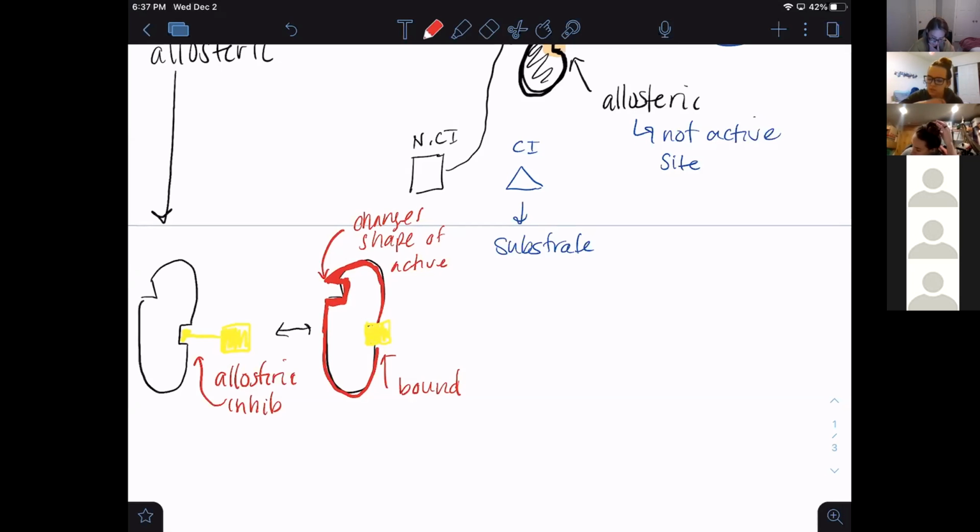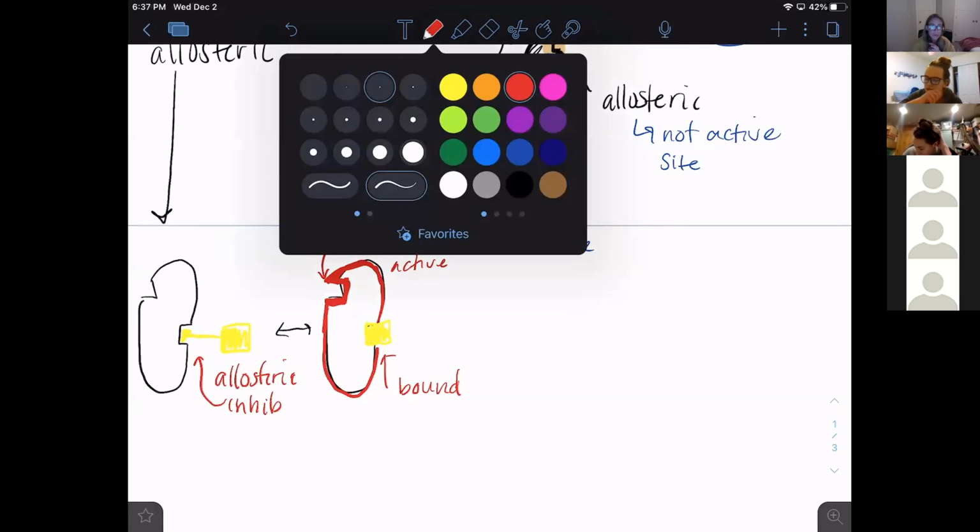The question you asked before, what type of inhibitor binds to an enzyme but not its active site? The answer should be allosteric inhibition. But I don't see that answer on the quiz, which is slightly concerning for me.